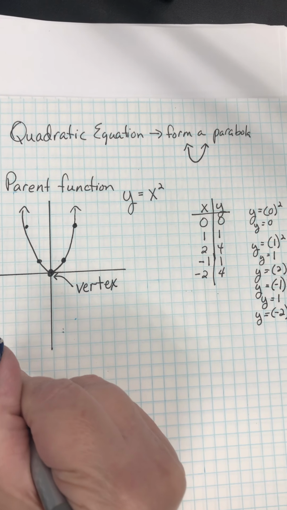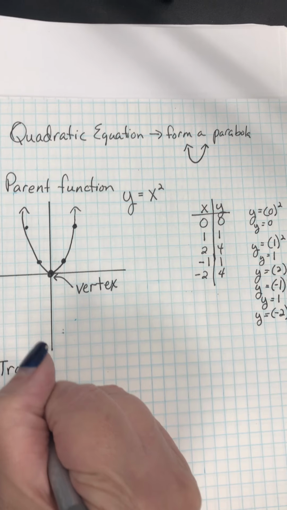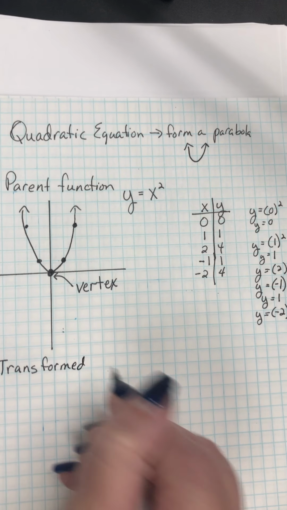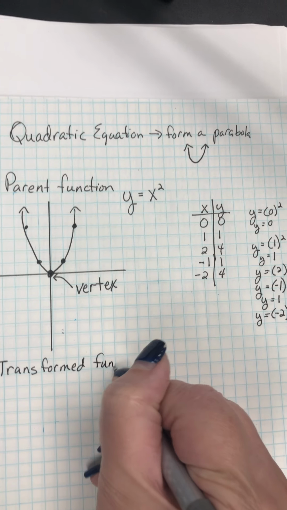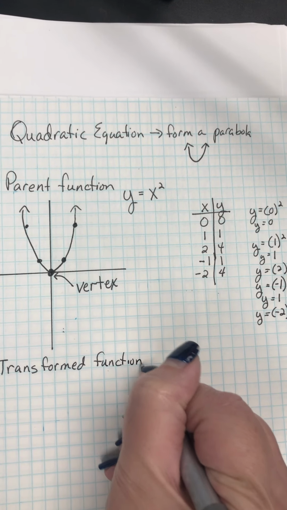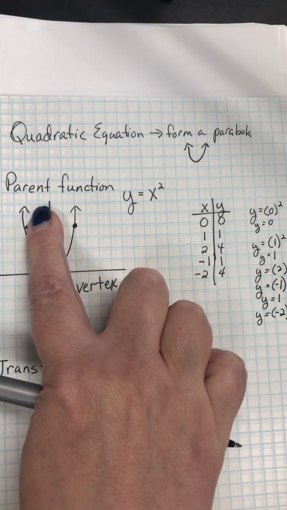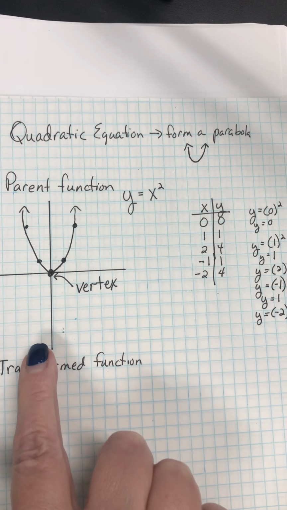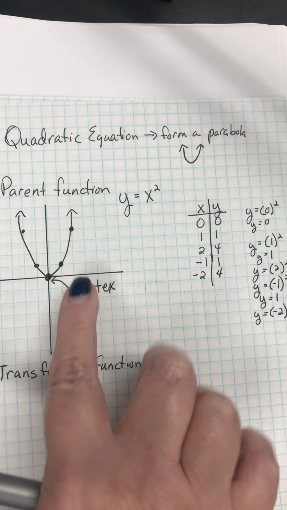Now, when I am looking at the transformed functions, they're going to look very similar to their parents. They're going to have a lot of features that are the same, but the general shape is going to remain a parabola.